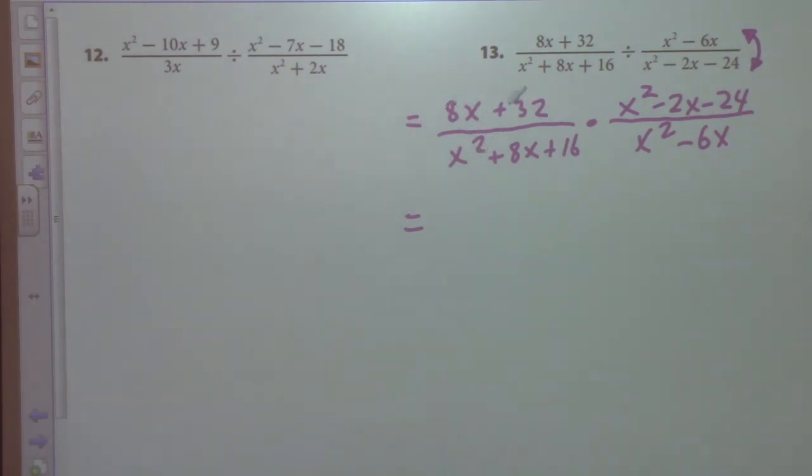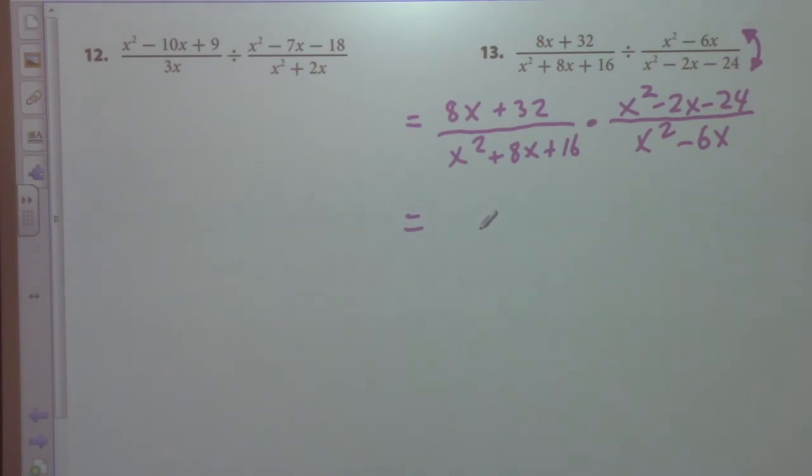What are the factors of this? I'm lost now. Okay, each of these things here, 1, 2, 3, 4, you try to factor them.